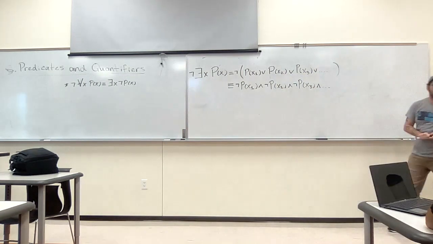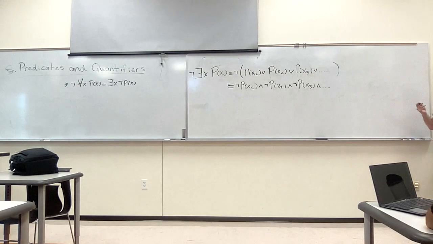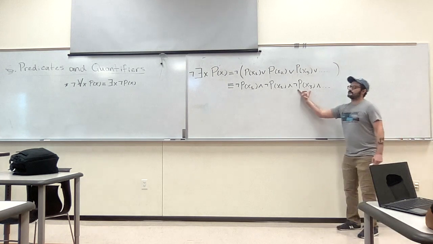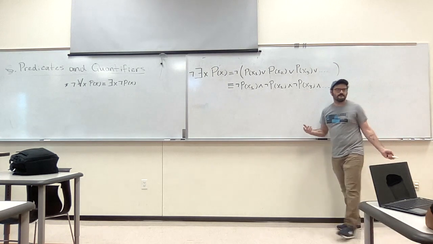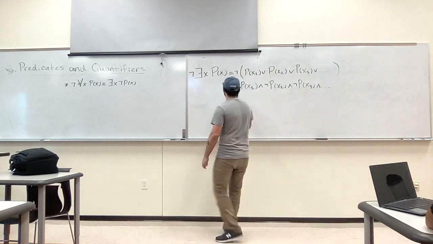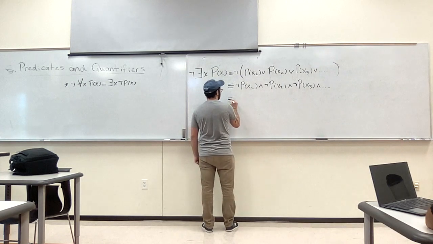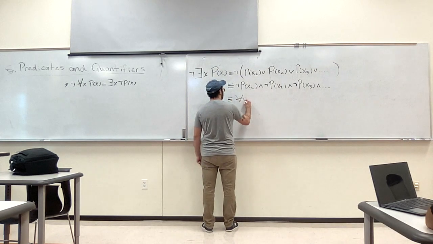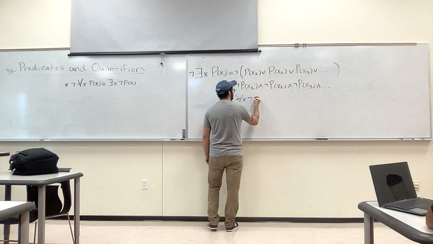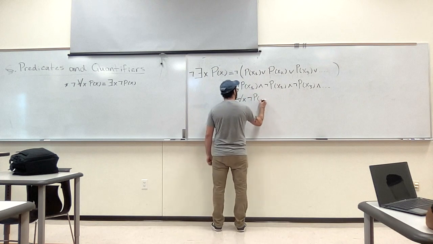And now we have a bunch of ands, right? The conjunction over all the things in the domain of whatever that is. So then it becomes the universal. For all x, it is not the case p of x.